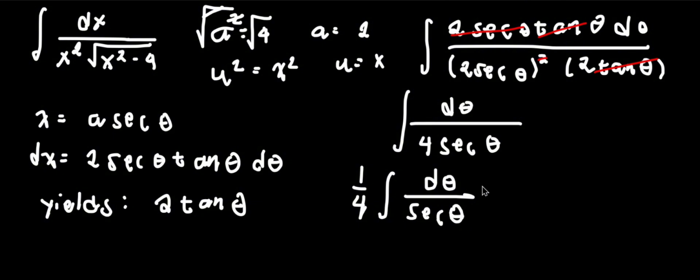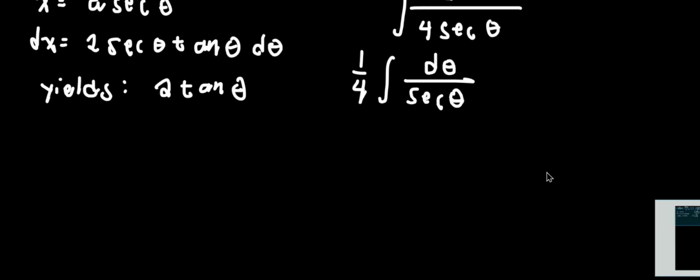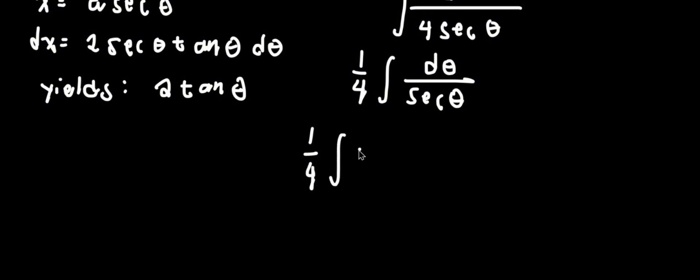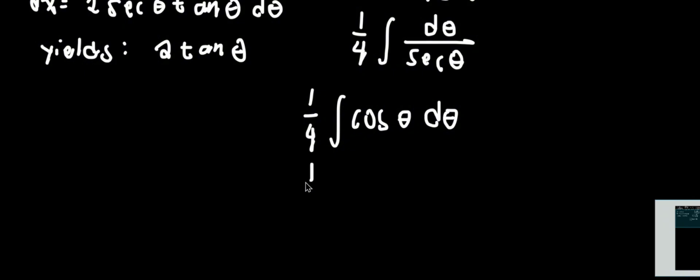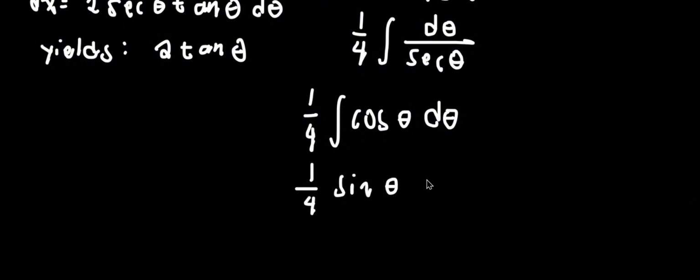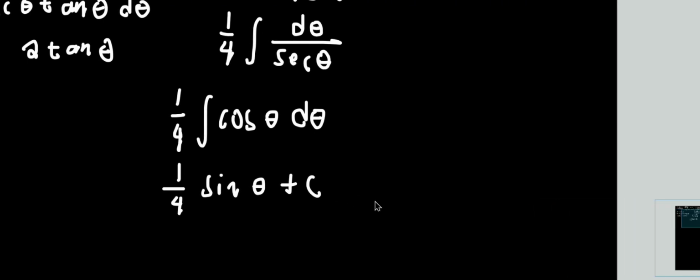Since 1 over secant theta would be equal to cosine theta, so 1/4 integral of cosine theta d theta. And you have to integrate this, so the integral of cosine theta is sine theta plus c. So hindi pa yan yung final answer.